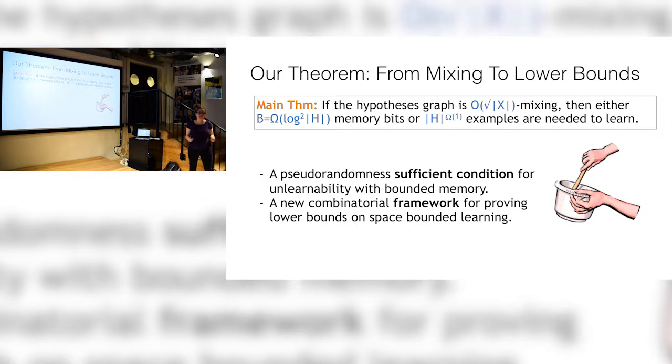We will need exponentially more examples than the basic algorithm that only used log n examples. So actually what we have is a sufficient condition to show that some problem is hard to learn with bounded memory. And another thing that I like about this is that we have a combinatorial framework to prove hardness for bounded memory algorithms. I'm not going to show you all the details of the framework, I'm just going to show you a little bit, and I hope you will be as excited about it as I am.